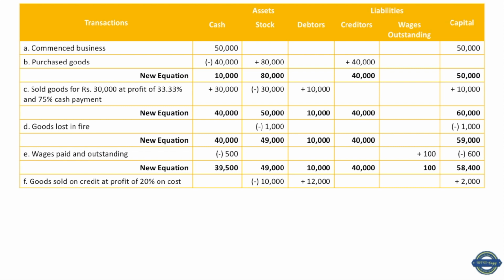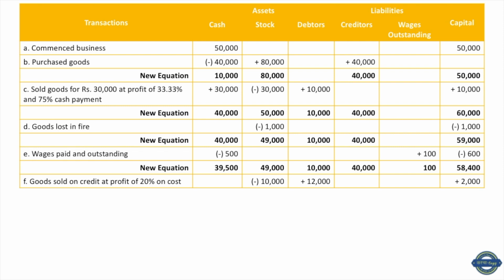And the profit was of 20% on cost. So 20% of rupees 10,000 is 2,000. We will add this amount under capital as this is a profit, and the whole sales price is 12,000.